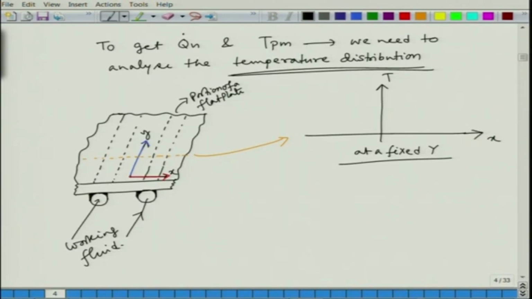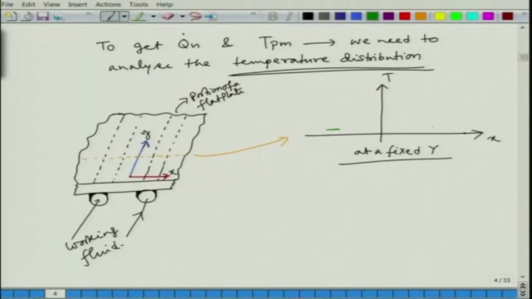How will the temperature distribution look? On top of the tubes the temperature will be minimum, because from that side the heat is carried away by the working fluid. It will be symmetric because we have chosen the origin at the midpoint between two tubes.